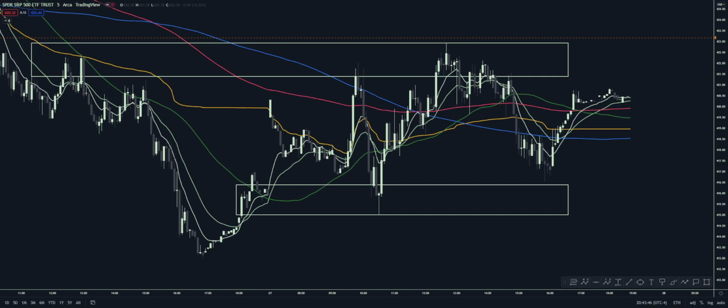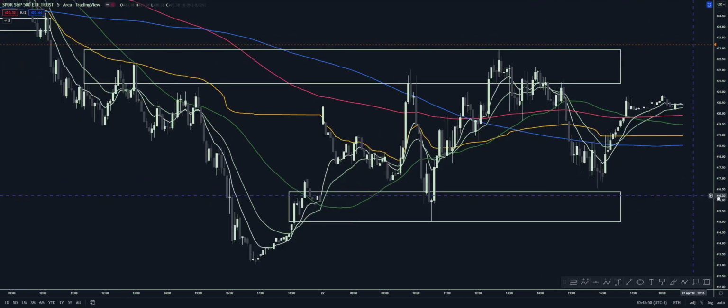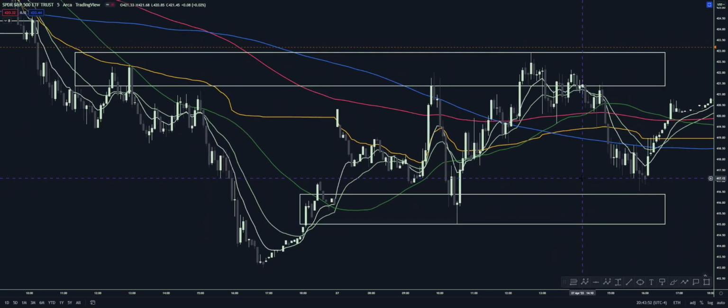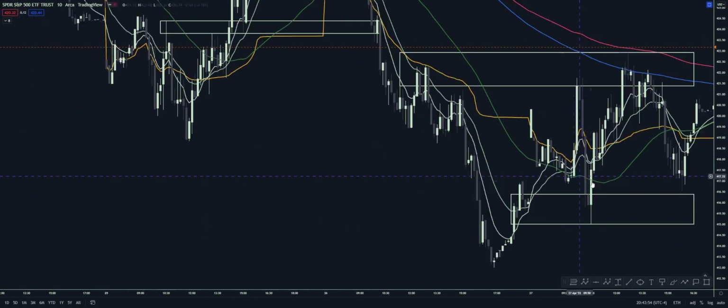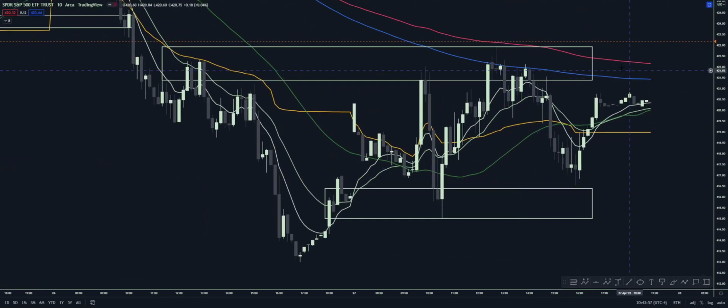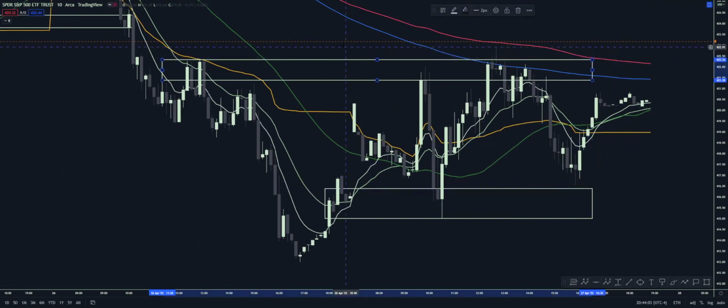Are you getting zones for supply demand off of bottom and top wicks? Yeah, Jackson. So this example here on SPY from yesterday and today, originally this zone was right here.